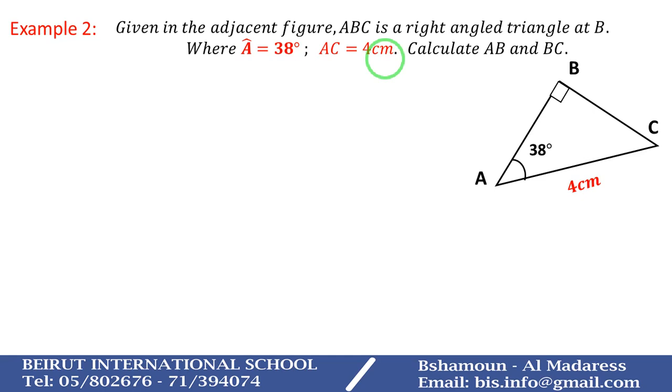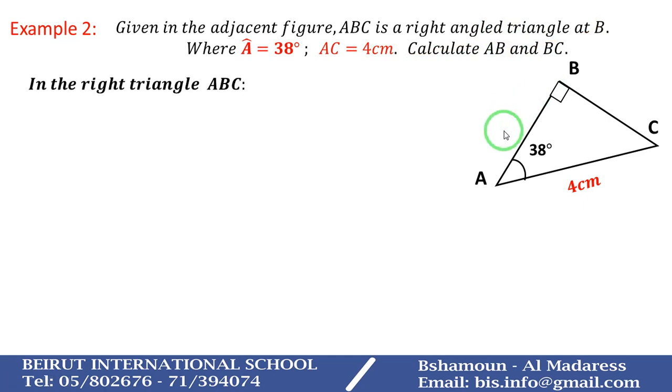The question is to calculate the length of the two sides AB and BC. So briefly, we have angle A measuring 38 degrees and the length of the hypotenuse. How can we use these two given pieces of information to find the lengths of the two sides AB and BC?